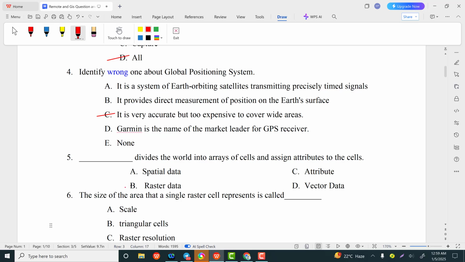So this is raster data. Raster data is very crucial for representing continuous features, whereas vector data helps to represent discrete features. Vector data represents point, line, and polygon, and raster data is represented by picture elements, or pixels.